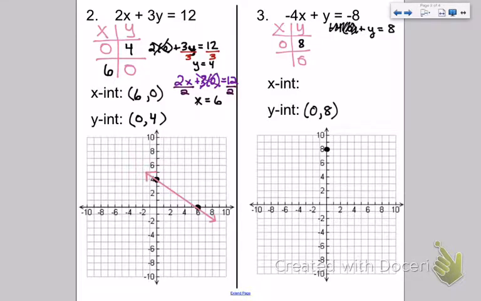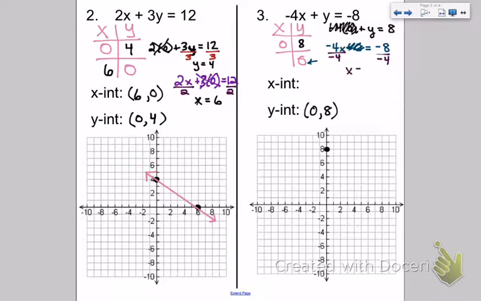Let's move on to our x-intercept. So we're plugging in 0 for y. Negative 4x plus 0 equals negative 8. So again, I don't have anything here, but I do have something that I need to solve. To get x by itself, I need to divide by negative 4.